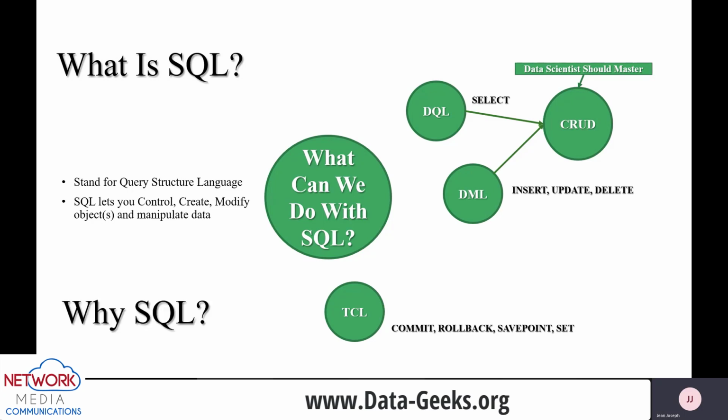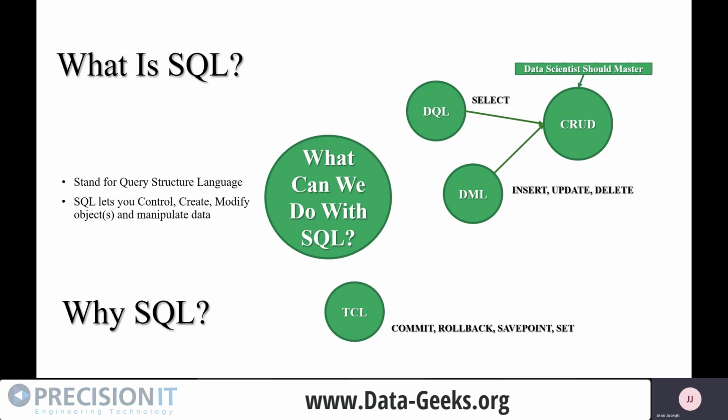Yep. So why SQL? Data is the most crucial part of data science. You can't have data science without data. Creating, designing, and communicating with databases is essential for any data scientist to grow.